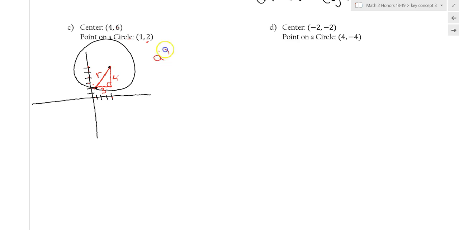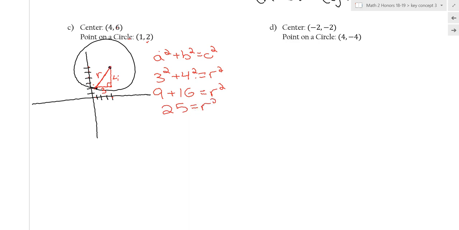So a squared plus b squared equals c squared, right? I'm just using Pythagorean theorem. 3 squared plus 4 squared equals r squared. 3 squared is 9, 4 squared is 16. 9 plus 16 is 25.